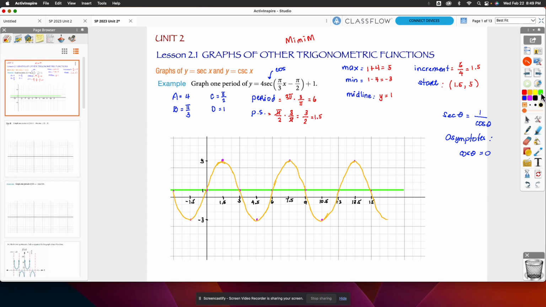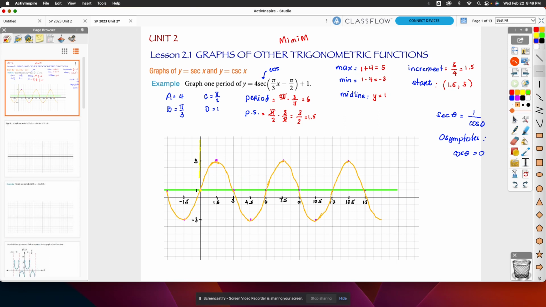Okay, let's try to use yellow. So we'll draw asymptotes whenever the graph crosses the midline. So here you have an asymptote. Okay, we have this asymptote right here.